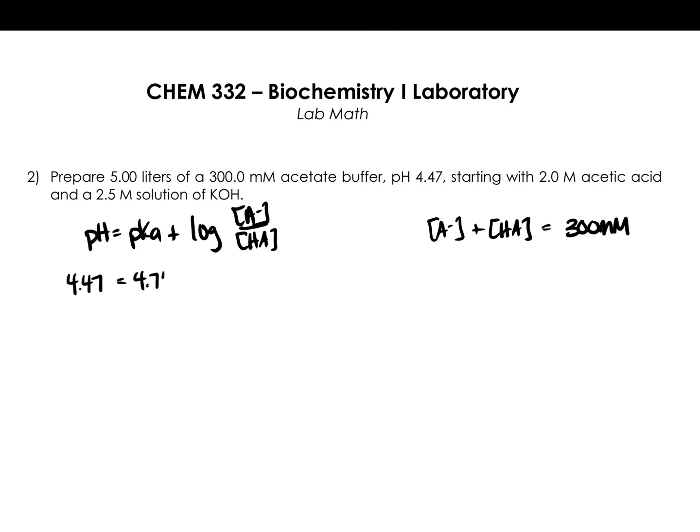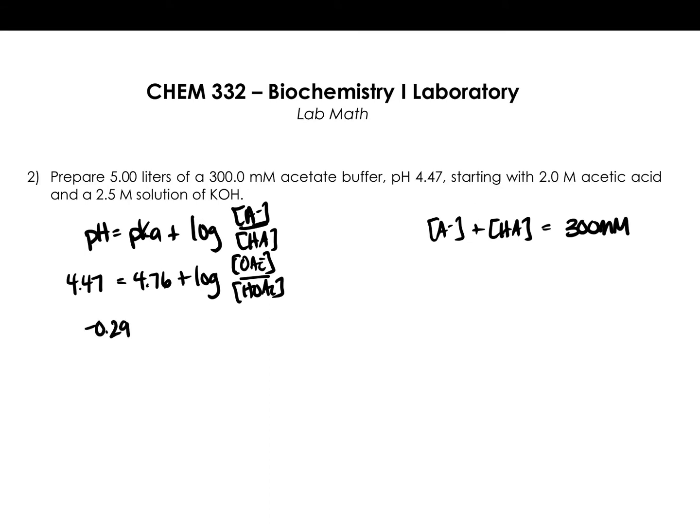The pKa is 4.76. In this case, our A- is going to be our acetate, and our HOAc is going to be our weak acid. Go through just like we did in our last problem, solving for our ratio.